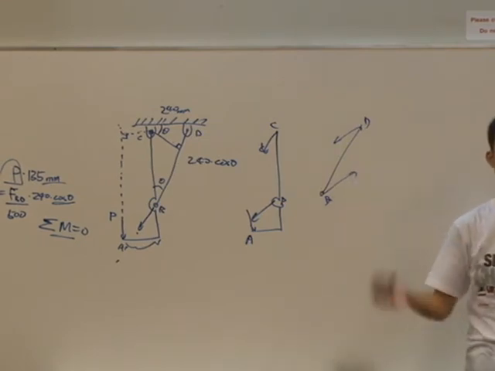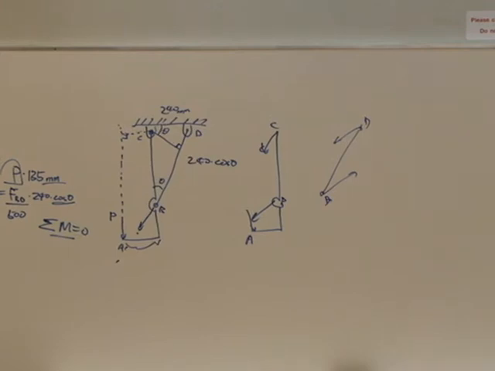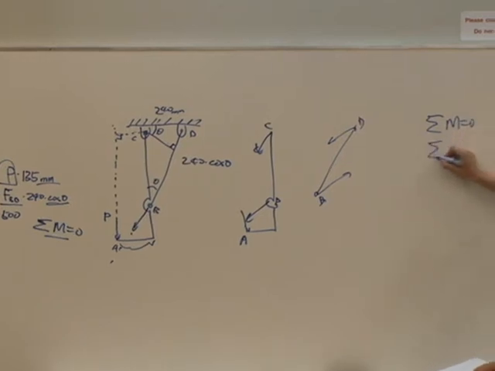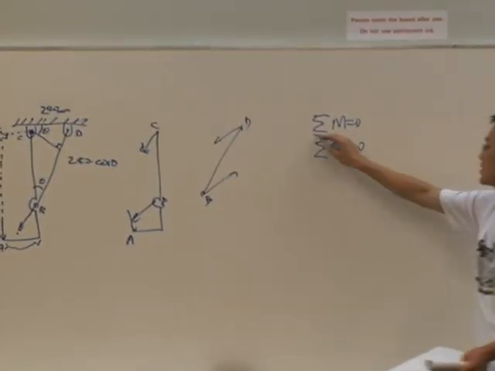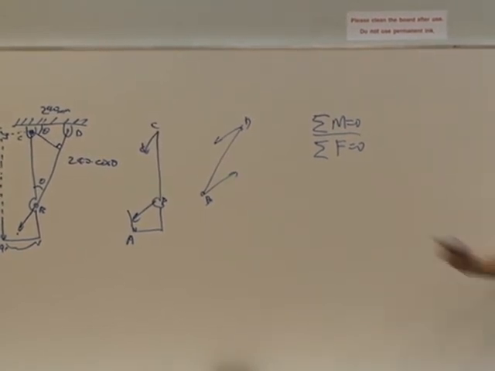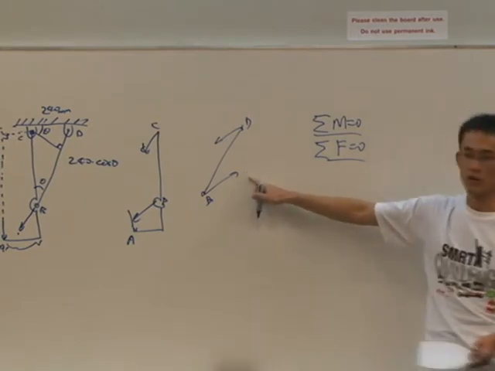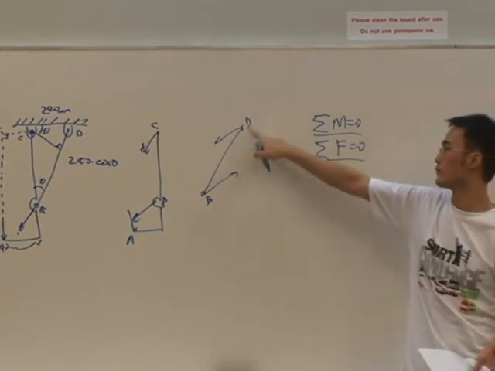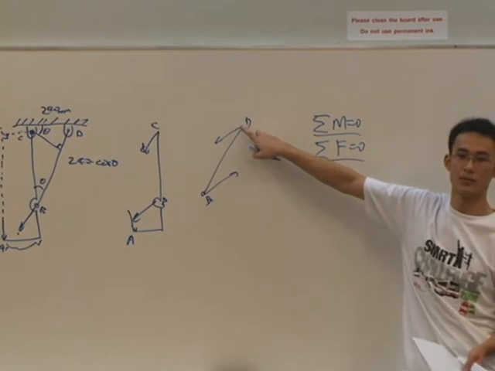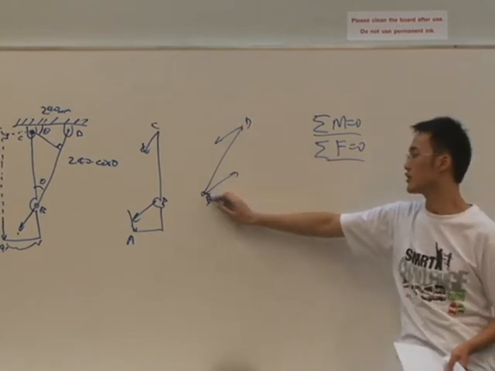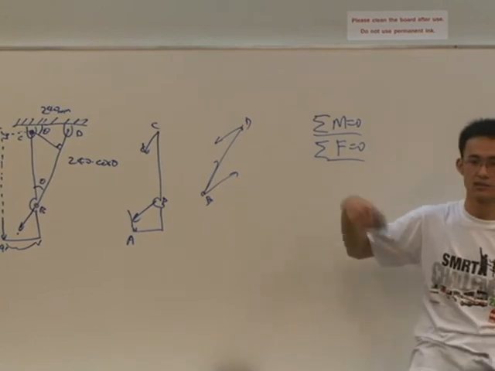The last step, the third step, after we find all the possible forces, is to use the very core information of our course, the equations for static equilibrium: summation of moment equals to 0 and summation of force equals to 0. According to summation of moment equals to 0, we pick one end as the point of analysis. Then we can deduce that the force is in the axial direction.